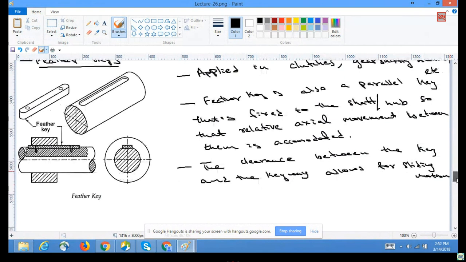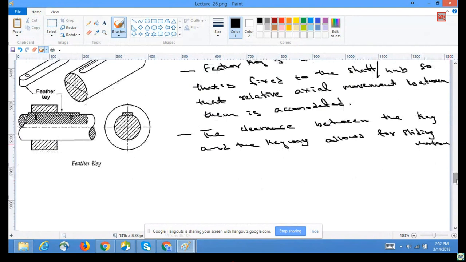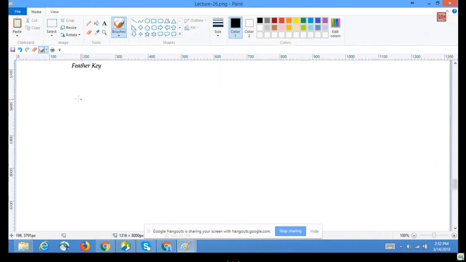So the next kind of sunk key is a Woodruff key.